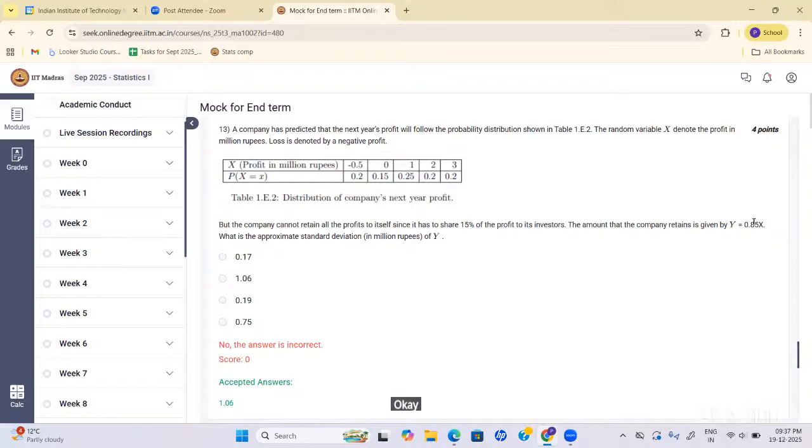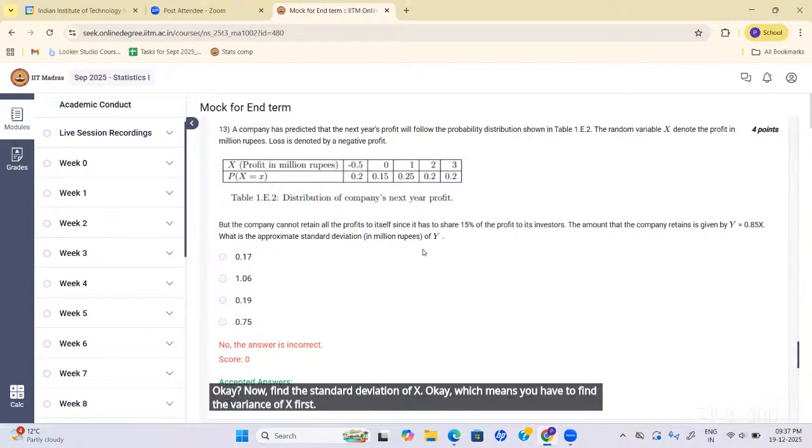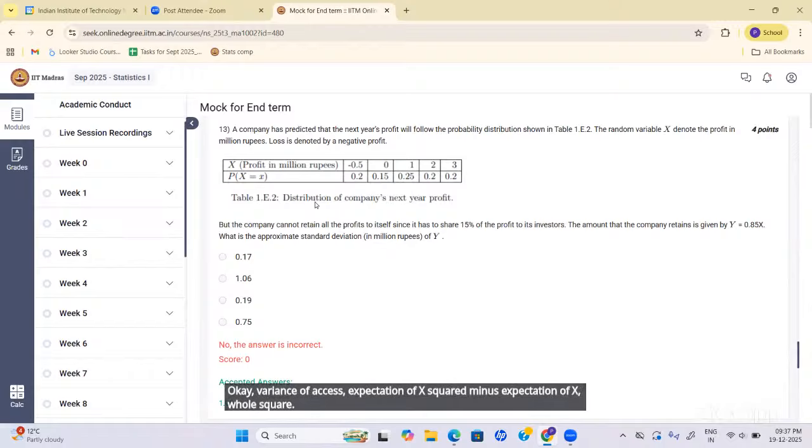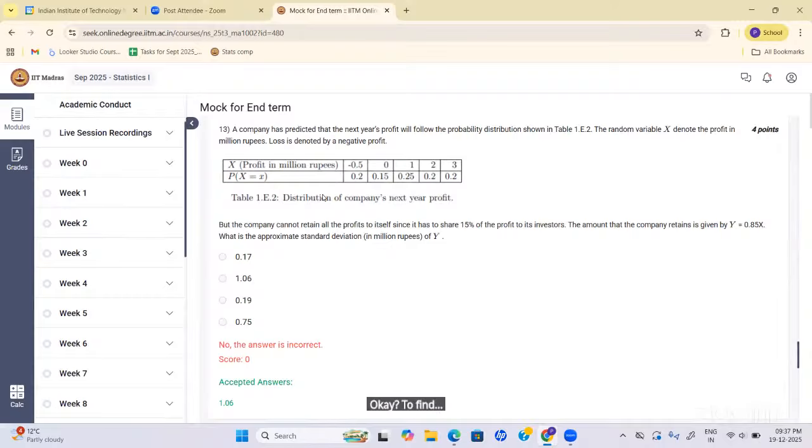Now find the standard deviation of x, which means you have to find the variance of x first. So variance of x is expectation of x square minus expectation of x whole square. So find the value of expectation of x and expectation of x square.